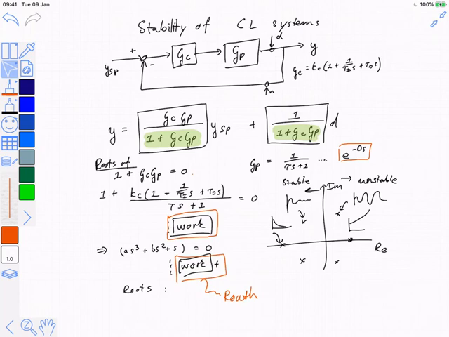That's perfect control. And if you look at the shape of these, you can see that one of the ways in which we can make that happen is to make GC very large. Right? So when GC becomes very large, the left-hand transfer function, the servo transfer function, goes to 1, and also at the same time, the disturbance rejection transfer function goes to 0.